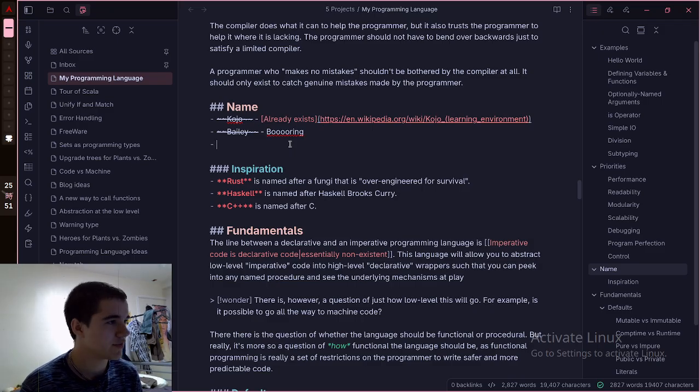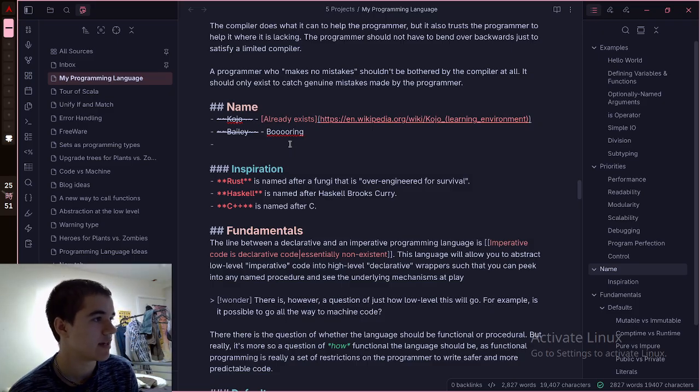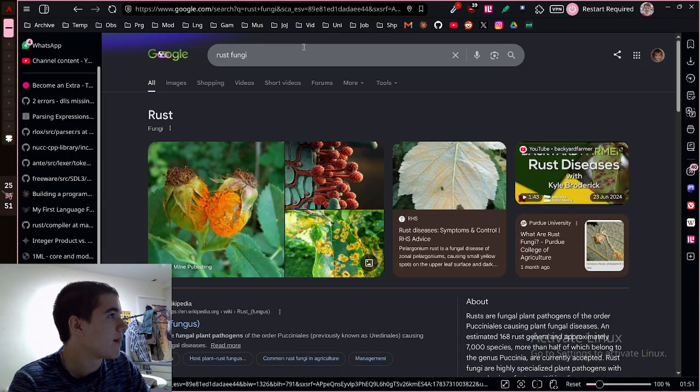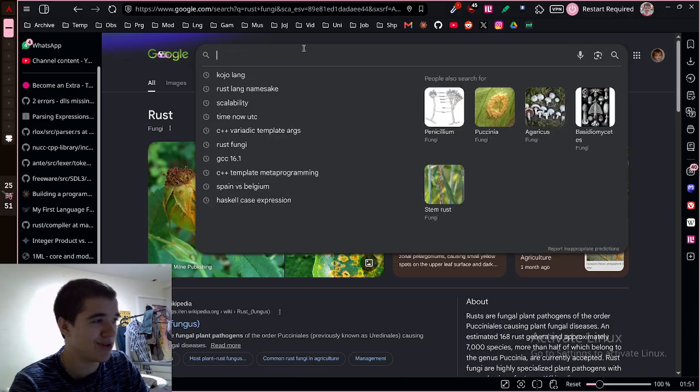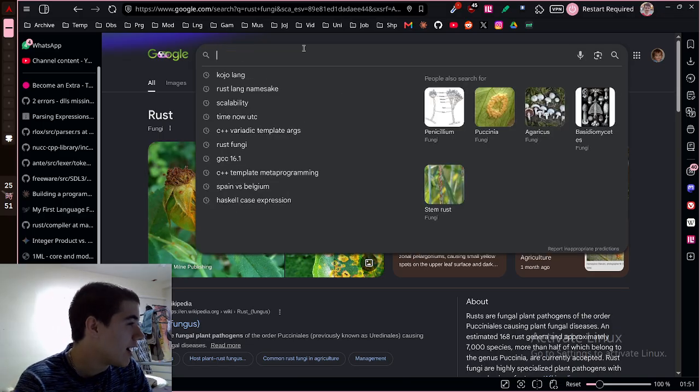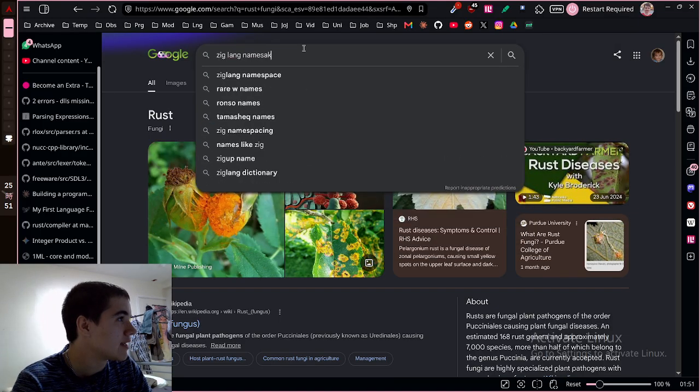What do I think of? So again, I think of control, I think of agency, and I think of perfection. Perfect software. It's not about survival, it's about perfect software. I mean, Zig is also the idea of perfection, just we have very different ways of going about it. Me and Andrew Kelly are practically two sides of the same coin. Zig Lang namesake.